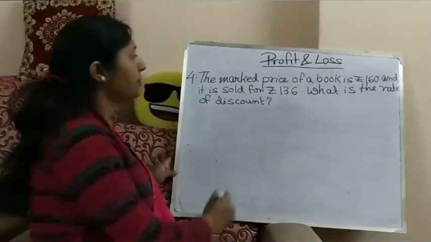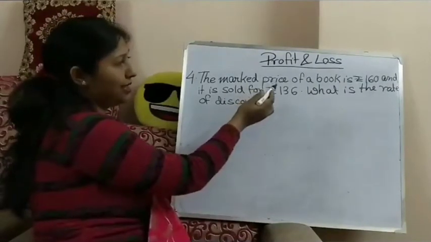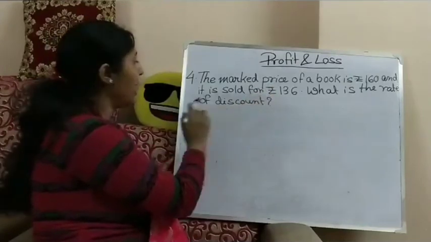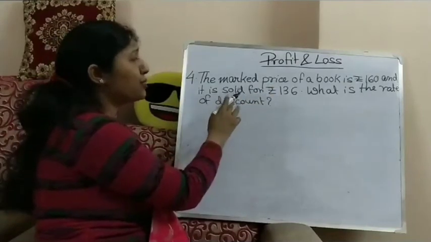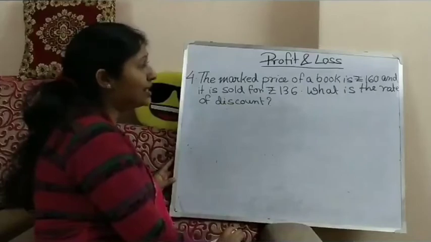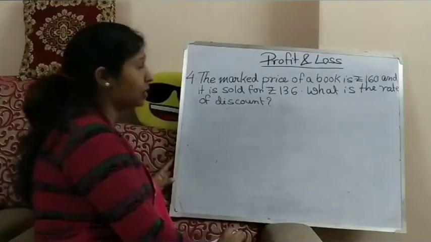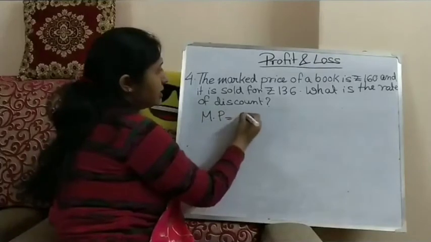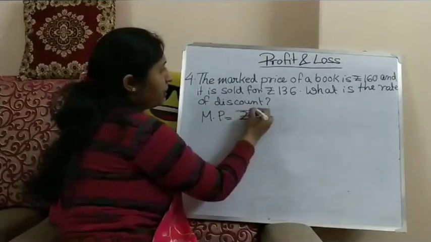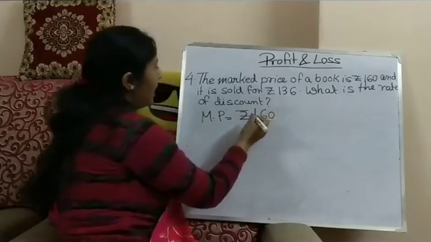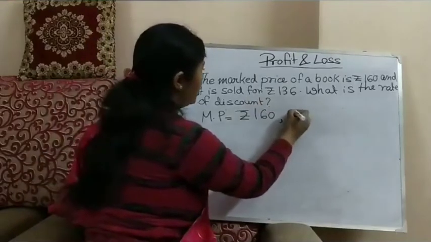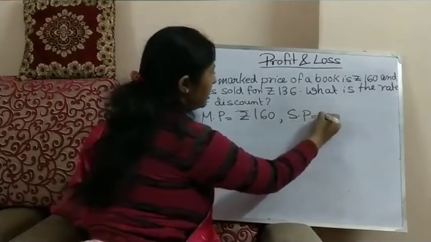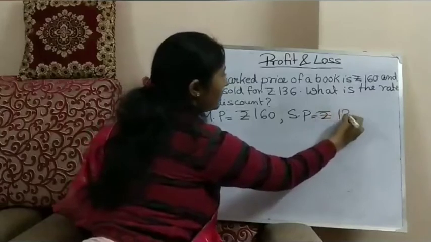The marked price of a book is rupees 160 and it is sold for rupees 136. What is the rate of discount? So here our marked price is rupees 160 and our sold price is rupees 136.